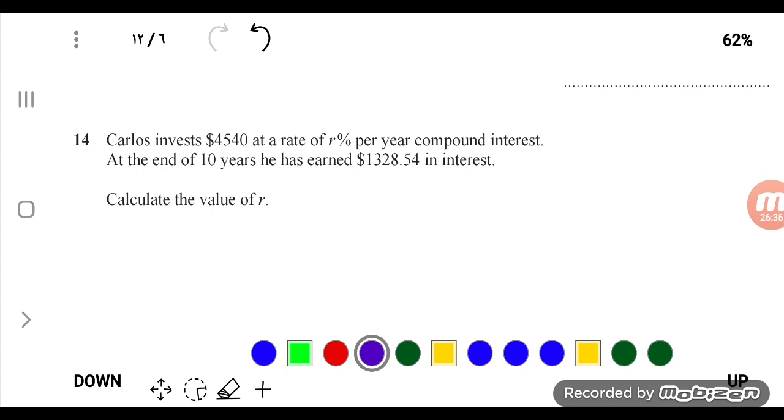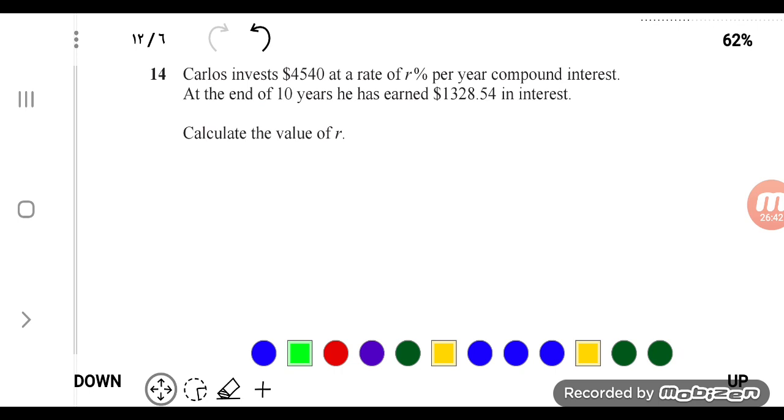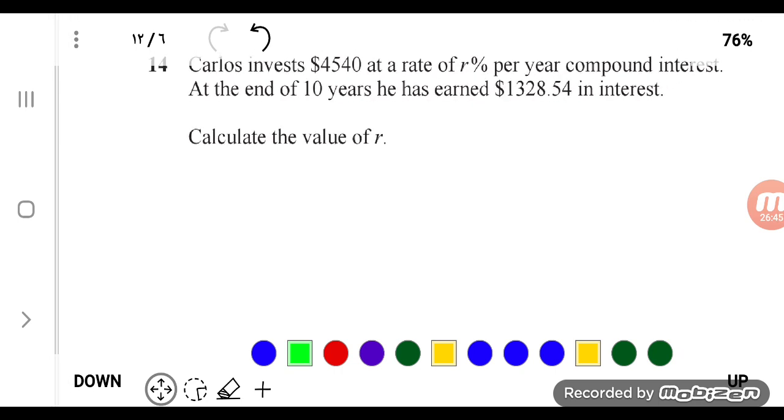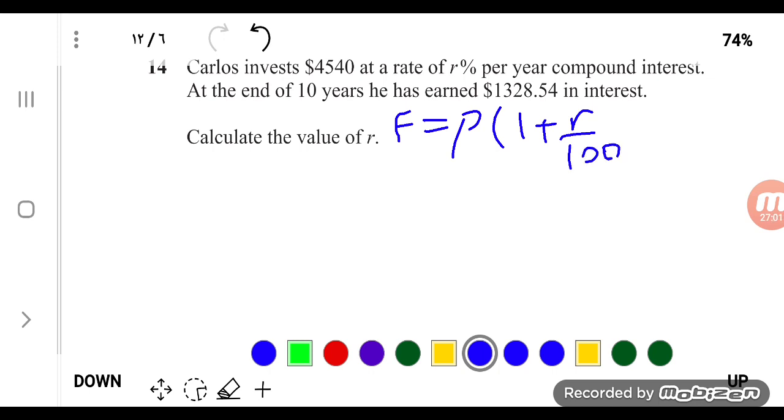So this is compound interest formula. In order to solve this question, you have to know the compound interest formula. So let me write it here. Final amount equal present value times 1 plus R over 100 to the power of n.